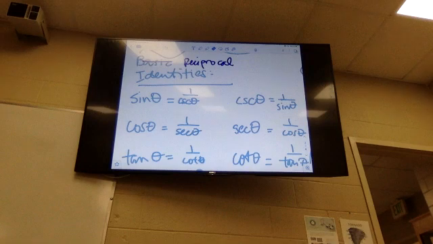So again, I would argue these are not brand new, but we haven't physically written them out like this, so I wanted to make sure we got the chance to. Same thing with cosine and secant. We know secant and cosine go together because, again, they are the reciprocals of each other. So if I'm flipping cosine to be 1 over secant, and secant becomes 1 over cosine. Flip, flip, flip.